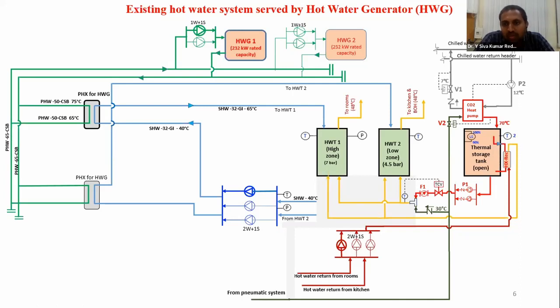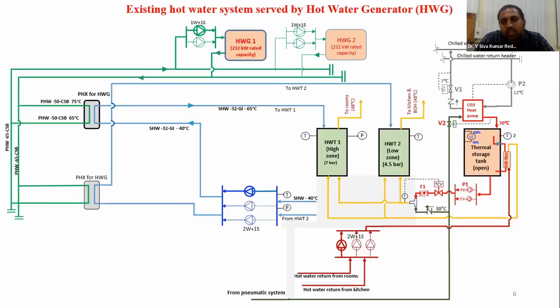In this way, we are supplying a constant 48 degrees water to the hot water storage tanks. So this is the integration of the CO2 heat pump system with thermal storage tank, which we have proposed.